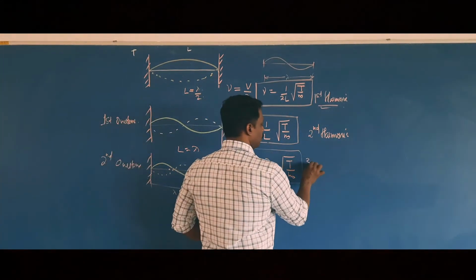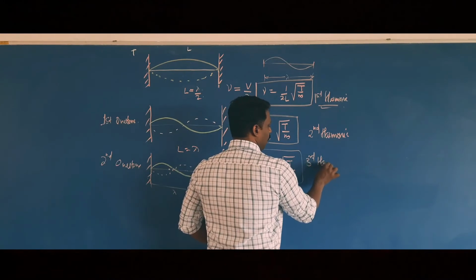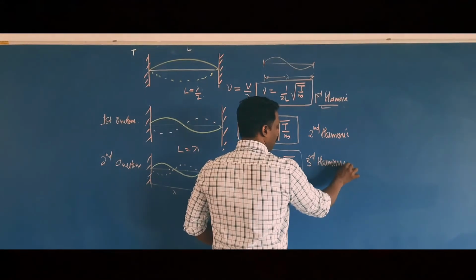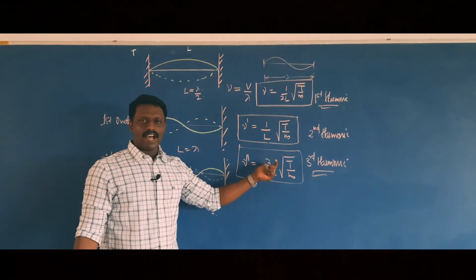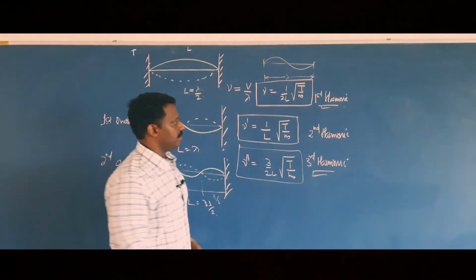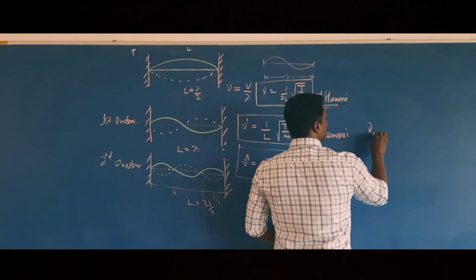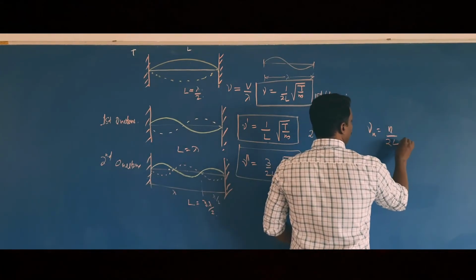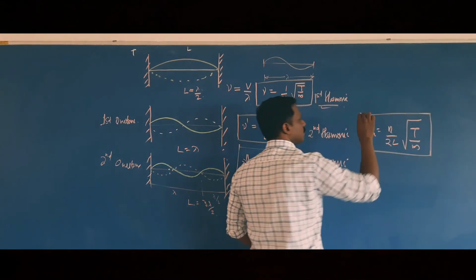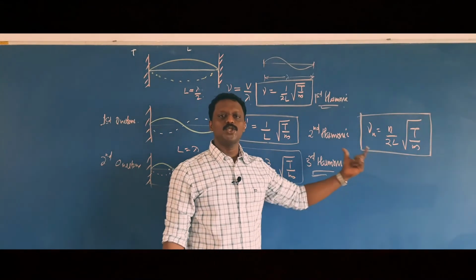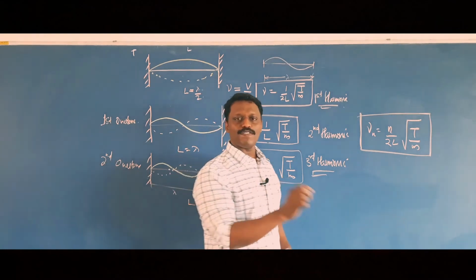So first overtone is the second harmonic, second overtone is the third harmonic, etc. So we can see that the nth harmonic will be n times the fundamental frequency, following the same pattern, where n is equal to 1, 2, 3, etc. are the number of harmonics.